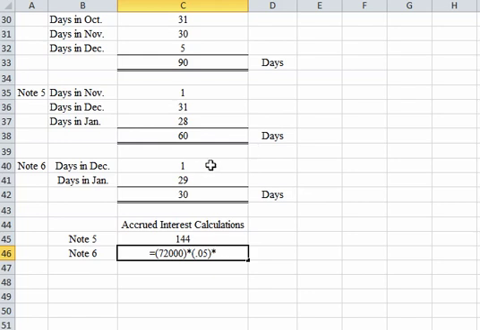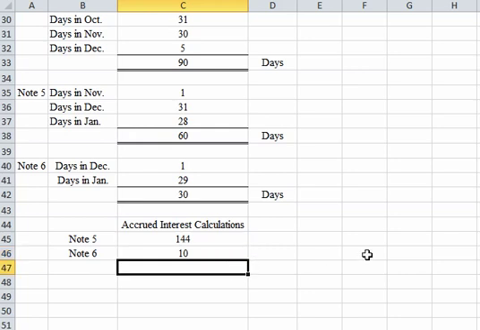Well, look, only 1 day, right? Times 1 divided by 360 gets us $10 of interest. Seems kind of like a lot to me. I guess it's not. It's a low rate, 5%. The reason that number is big, $10 for 1 day, is because the face amount of the loan is large, $72,000.